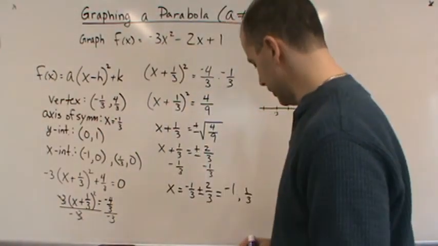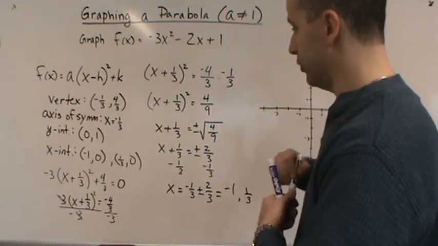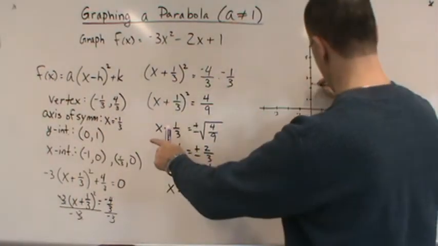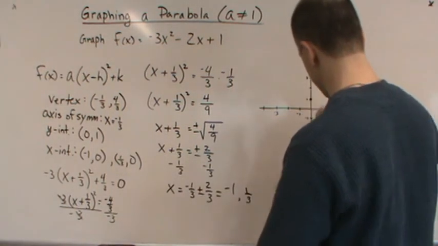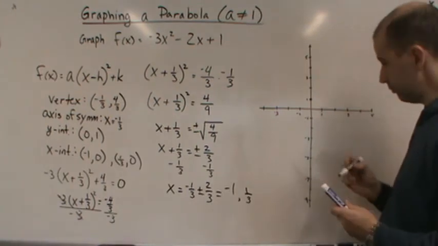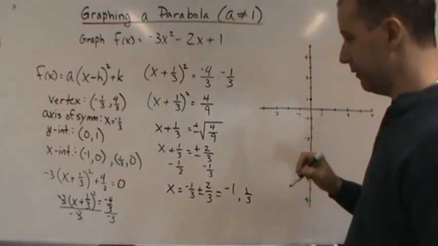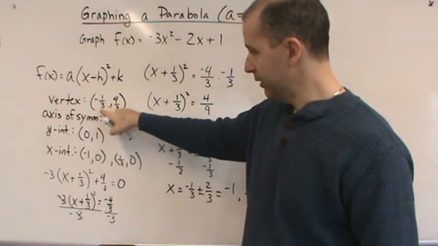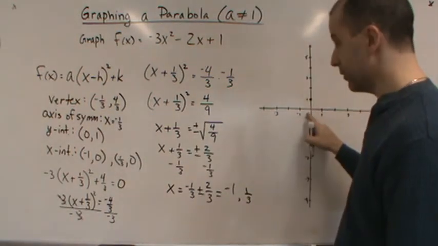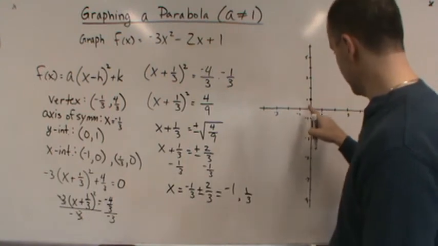Okay, so let's graph our points. So we have the y-intercept at (0, 1). Okay, right there. And then we also have the vertex at negative 1/3, 4/3.